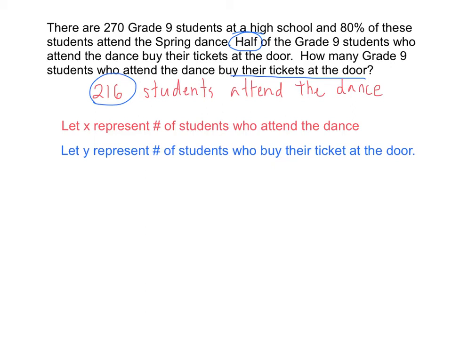So we're going to use x to represent the number of students who attend the dance, and y to represent the number of students who buy their ticket at the door. This is the information we don't know, so this is what we need to calculate. So how do you calculate half of something? Well, there's a few ways you can do that. Think about it.